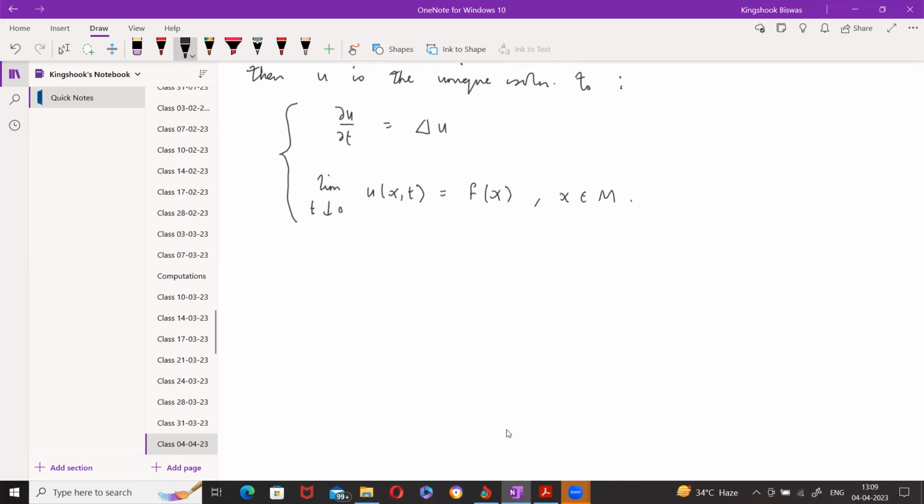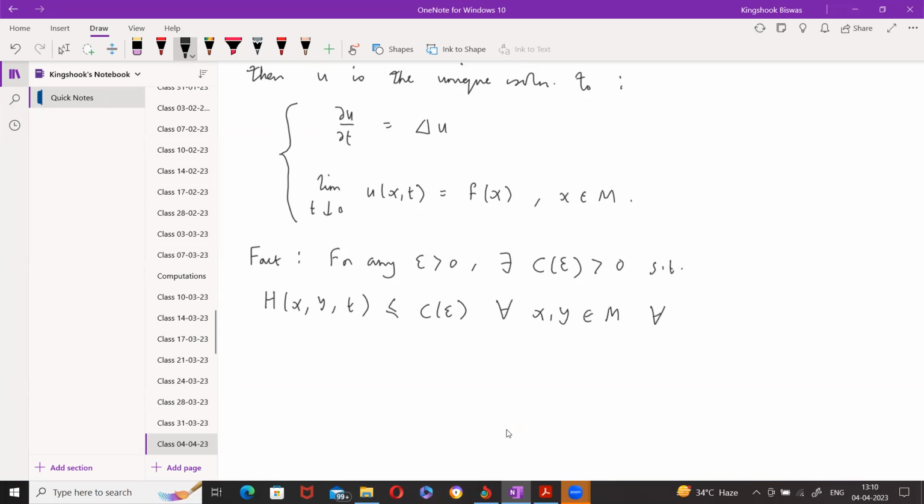So what we need is the fact that for any epsilon positive, there exists a constant C_epsilon positive such that h(x,y,t) is less than or equal to C_epsilon for all x,y in M and for all t greater than or equal to epsilon. Okay. Fine. Is this all right? Yeah.